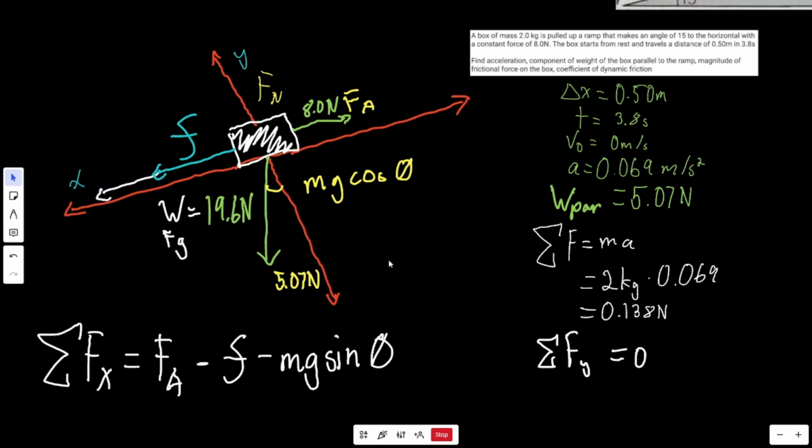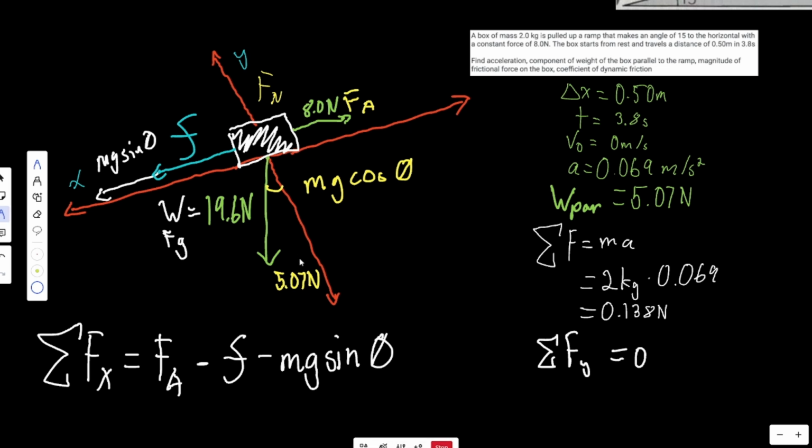They're both going in the exact same direction. Albeit they're not coinciding, they're going in the same direction. So this is actually also mg sine theta. So on the x-axis, these are our forces acting. We have the positive applied force going to the right, and we have our negative frictional force as well as our negative gravitational component, or the weight component rather, sorry.